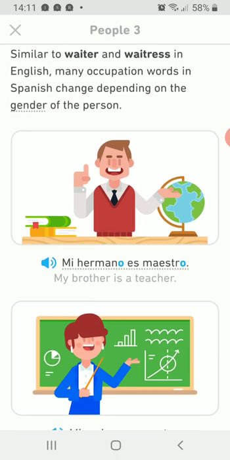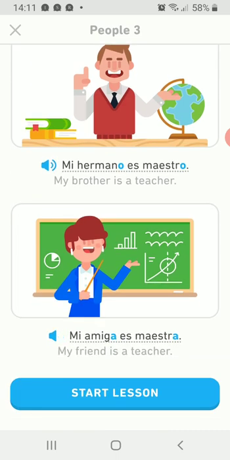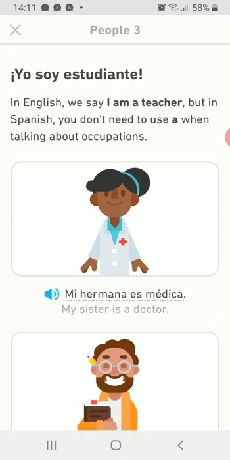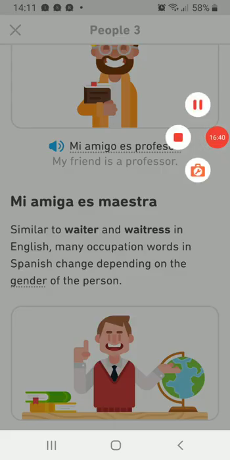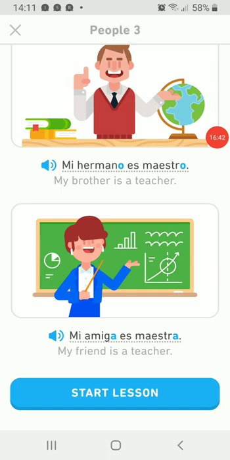So mi hermano es maestro, and mi amiga es maestra. So as easy as that. You have to remember that there is no need to use the word a, as an indefinite article when you talk about occupation. So if you're ready, let's do some exercises.